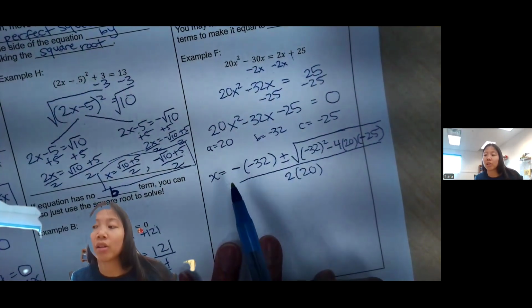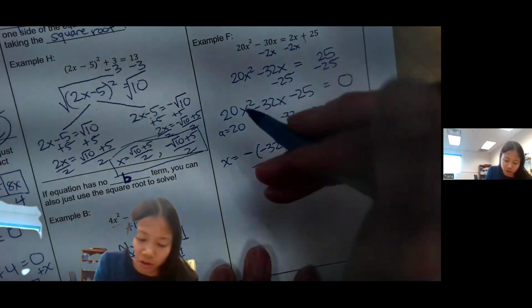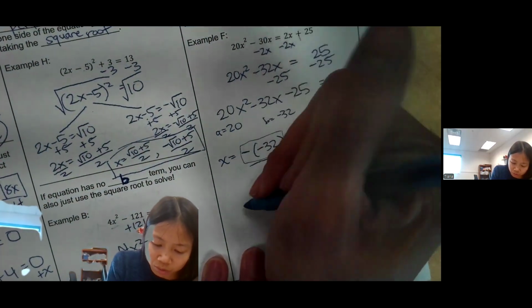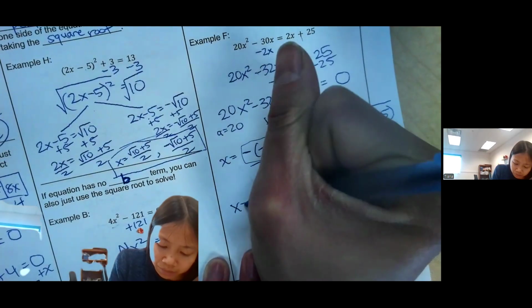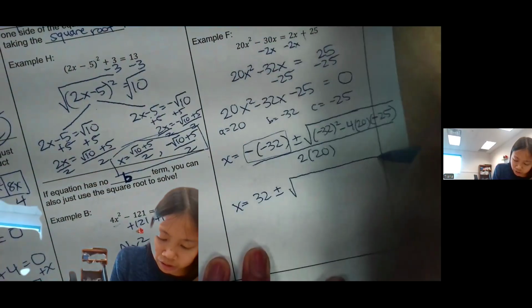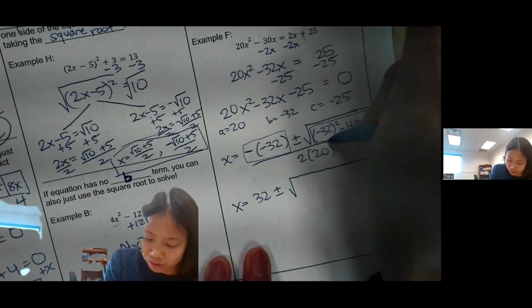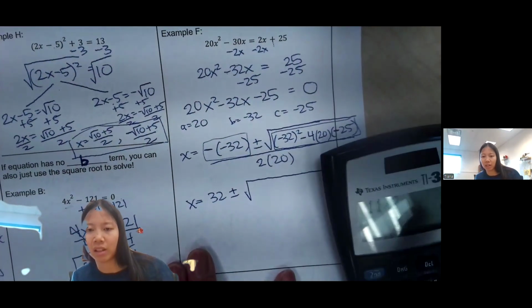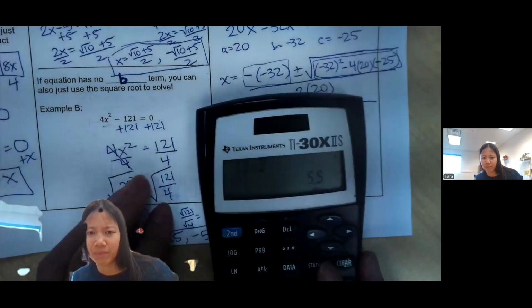All right, now we can go through and simplify each section. I can simplify this section, which would be positive 32, since a negative times a negative is a positive 32. Plus or minus the square root. Again, I can simplify this whole section by typing it in my calculator. So let's grab my calculator here.